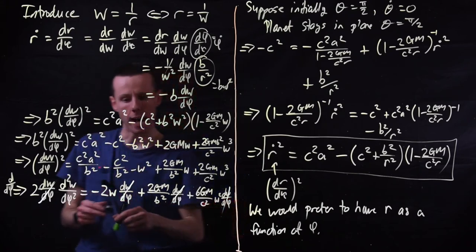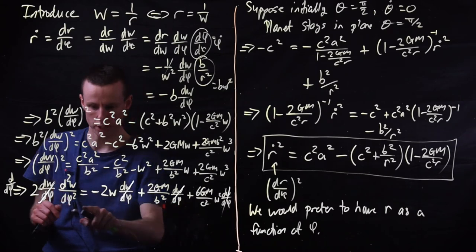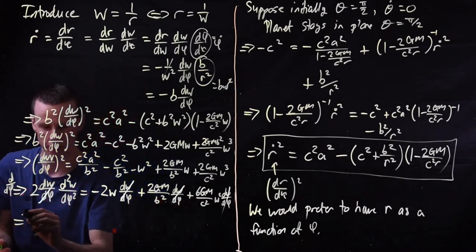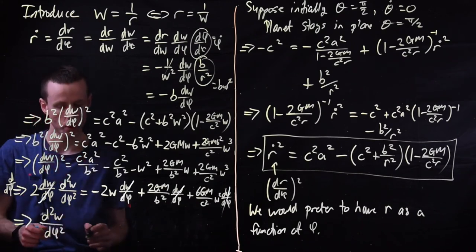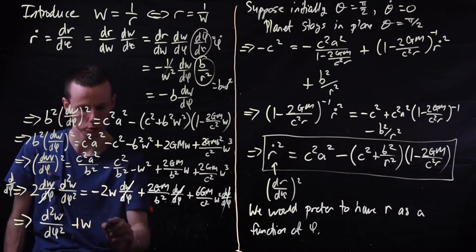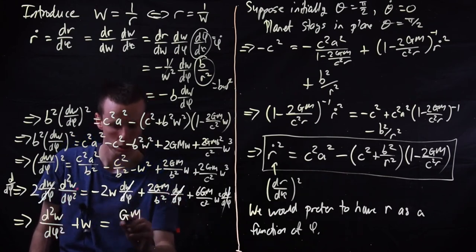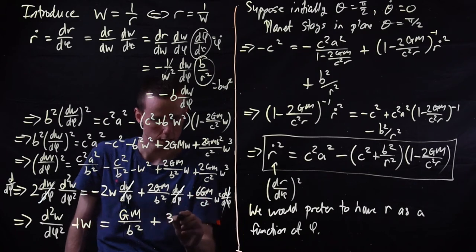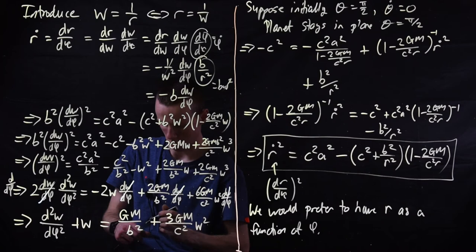Let's rearrange very slightly, and we will bring this term over to this side. And we will also divide the whole thing through by 2. So therefore, we will get d2w by d phi squared plus w is equal to gm over b squared plus 3gm over c squared w squared.